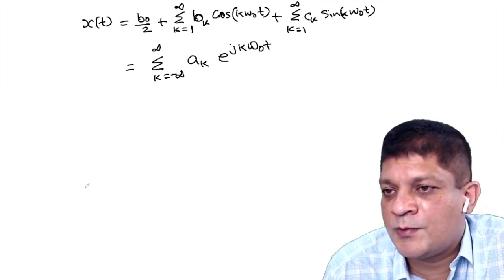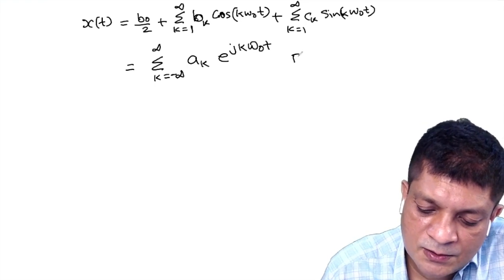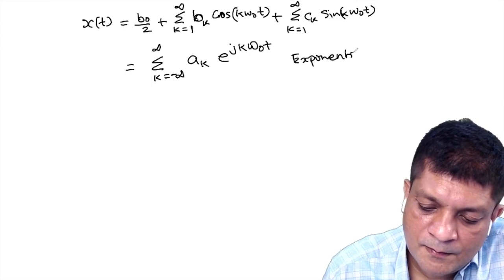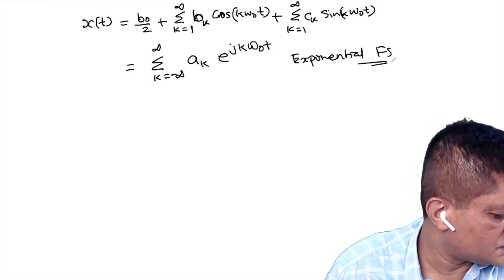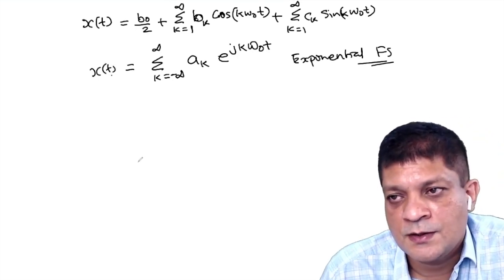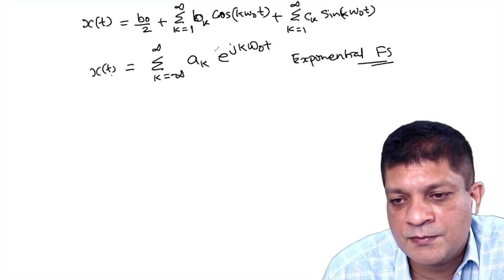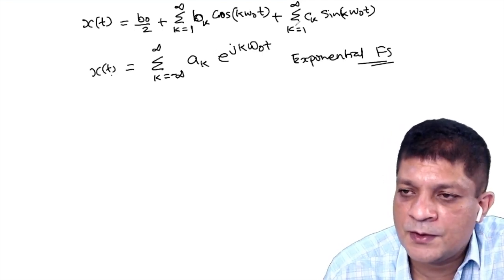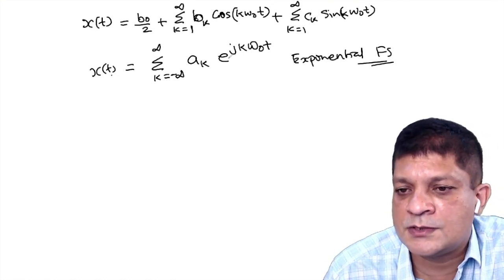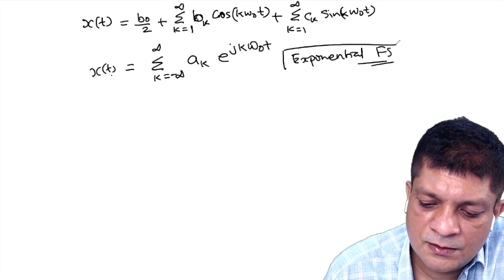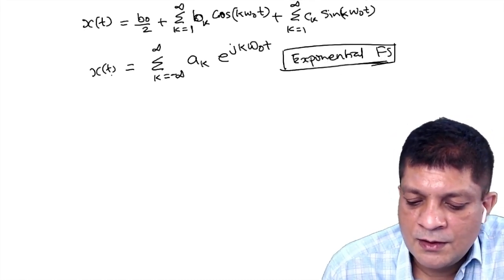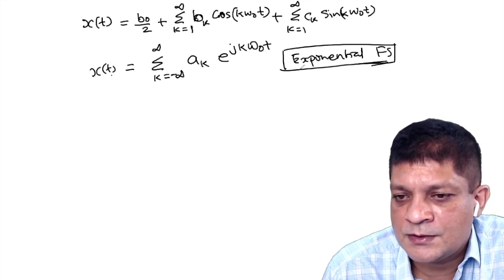This is another form of Fourier series representation, and this is called the exponential Fourier series representation. Both are Fourier series representations in different forms. This is the trigonometric Fourier series representation in terms of sine and cosine. Here it is in terms of complex exponentials. We'll be using this exponential Fourier series representation.